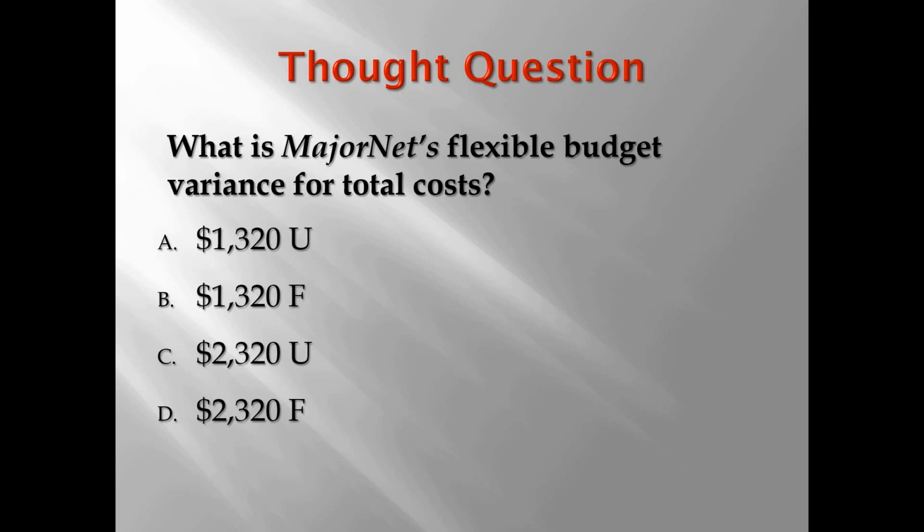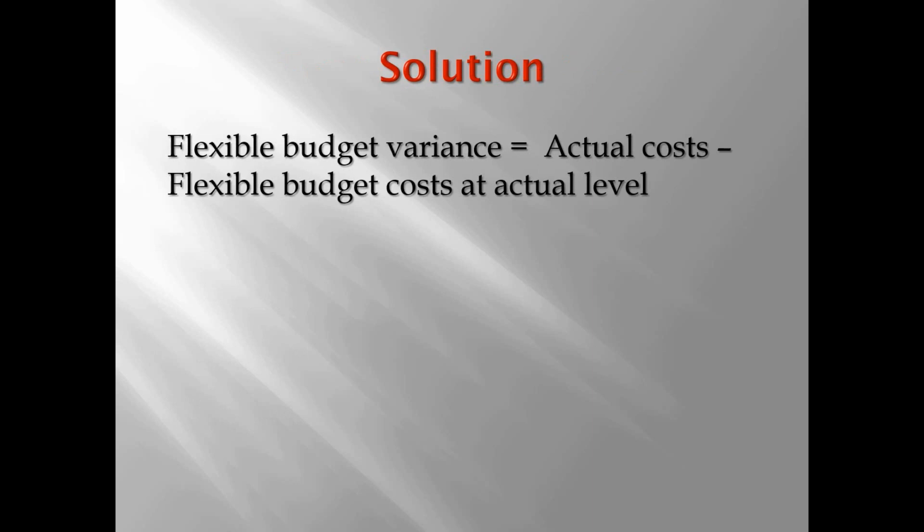What is Medinets' flexible budget variance on total costs? Take a minute to try to answer this question, and then we'll look at the solution. The flexible budget variance is the difference between the actual costs and the flexible budget at the actual level. We know the actual costs because they were given.